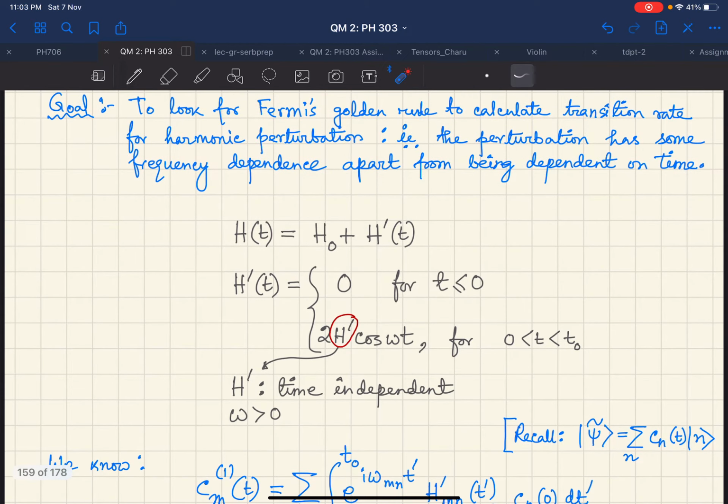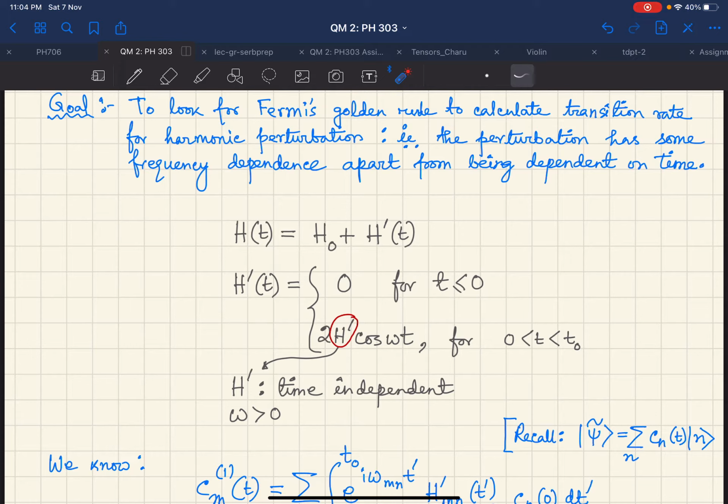So here I understood when I discussed this in the class that it probably would have been better if I had used a different symbol for this H prime. What I really wanted to mean by using the same symbol is that whatever perturbation you are actually having, the time dependence part has been taken out, and the rest, which is not dependent on time, is being denoted by H prime.